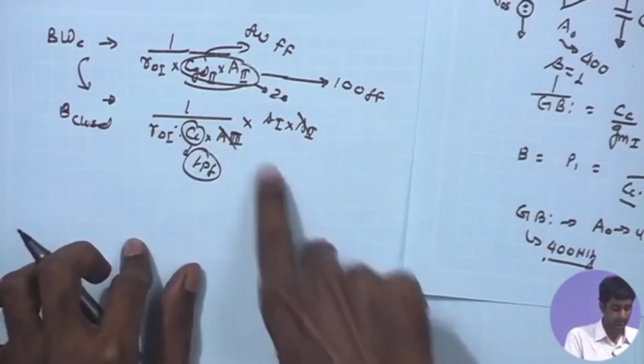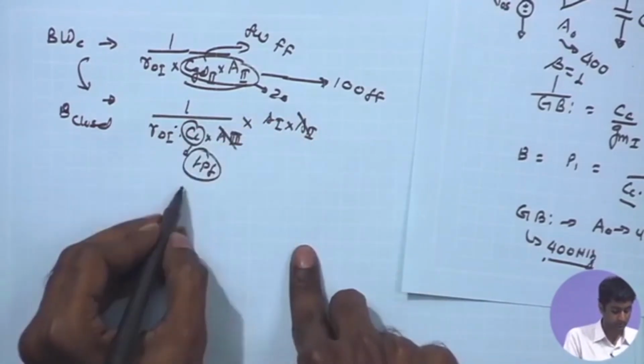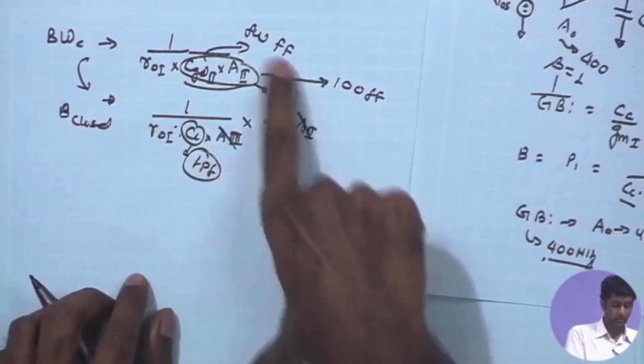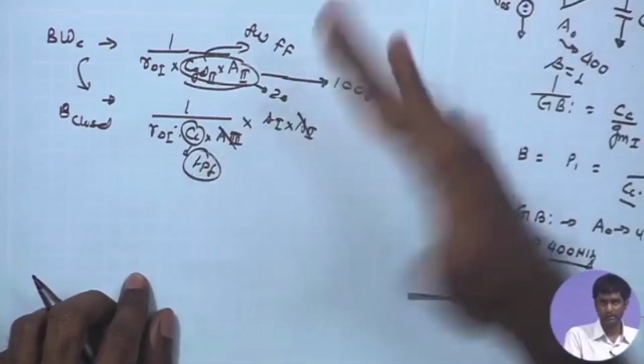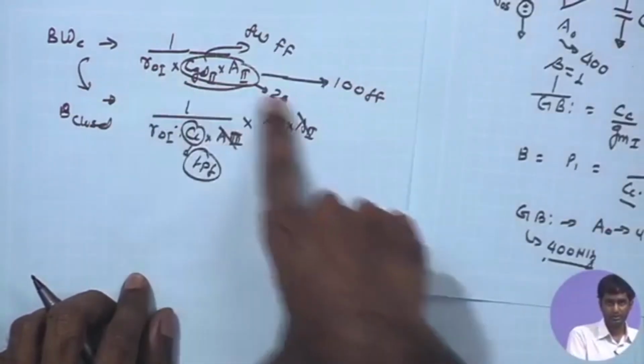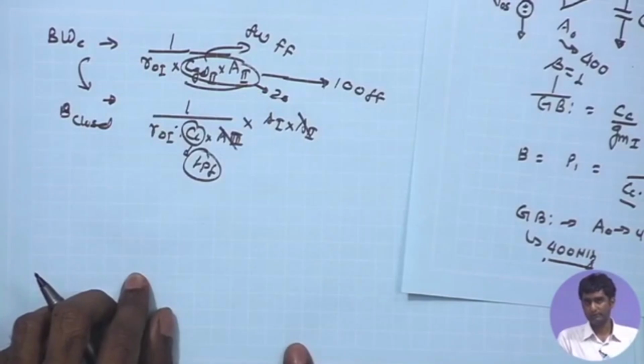So, you are going to have A1 A2 times this number. Therefore, this has a 1 upon 100 factor as compared to this, and A1 A2 we remember is around 400. So, 4-5 times larger than the original bandwidth that you had for the comparator.